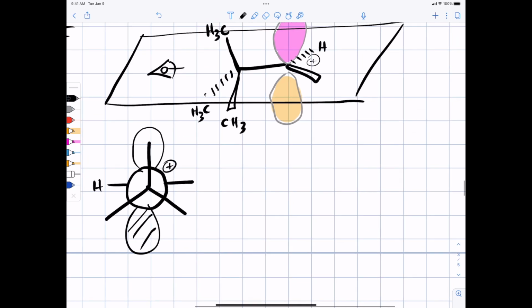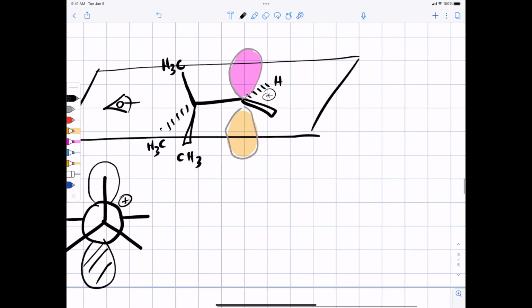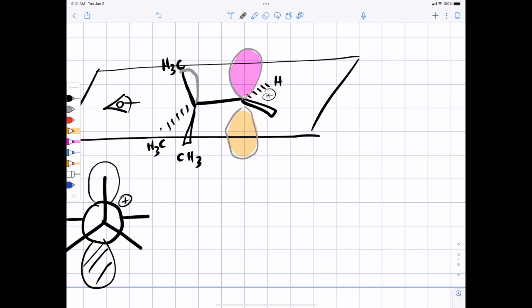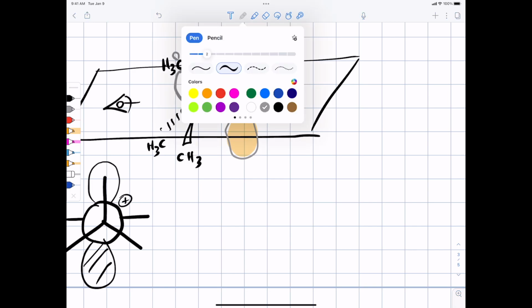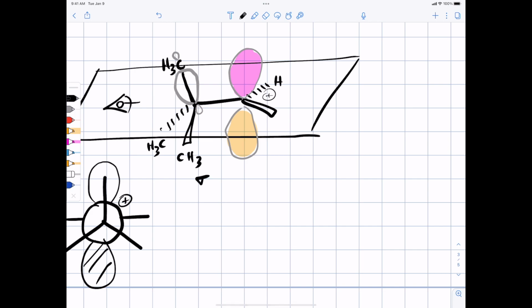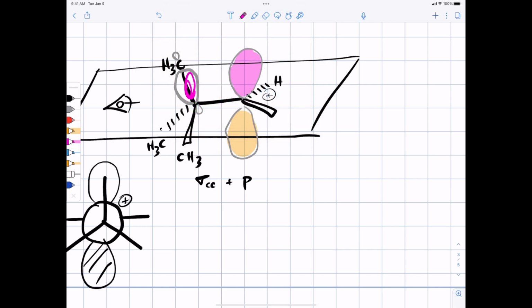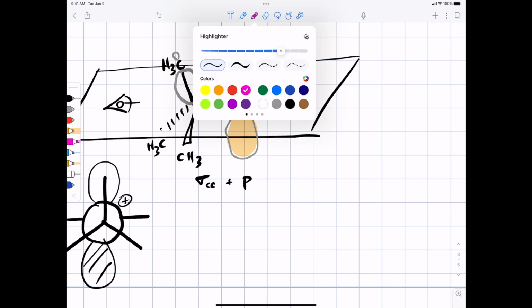So that methyl group's lined up with the empty p orbital. Now, when a filled orbital lines up with an empty orbital, you have the chance for hyperconjugation, right? I'm going to draw the plus combination here, carbon-carbon sigma plus the empty p orbital. Let's line them up with the same wave function sign.